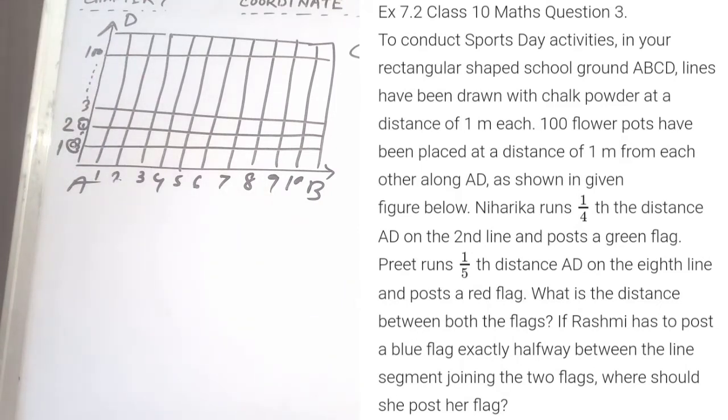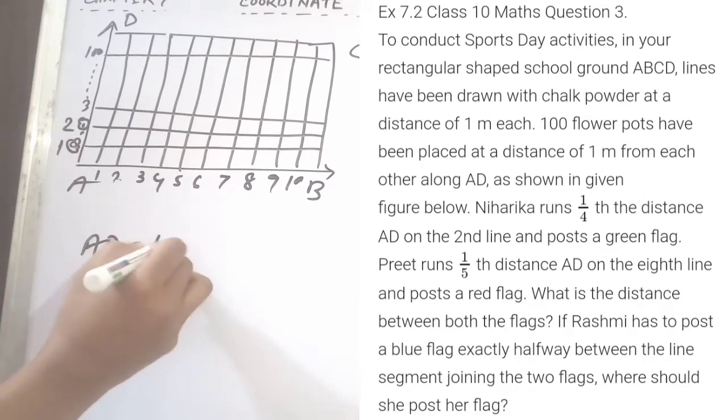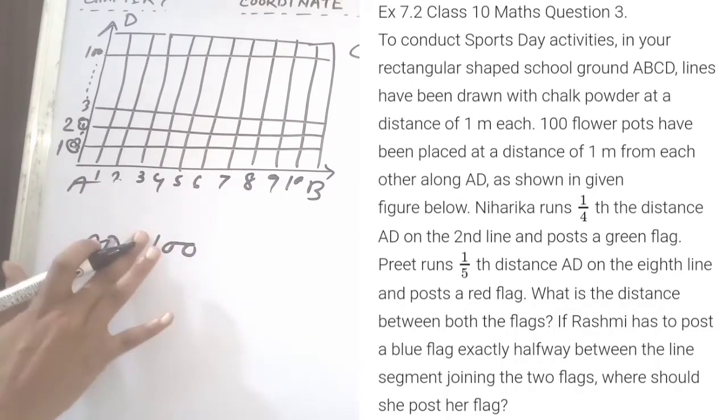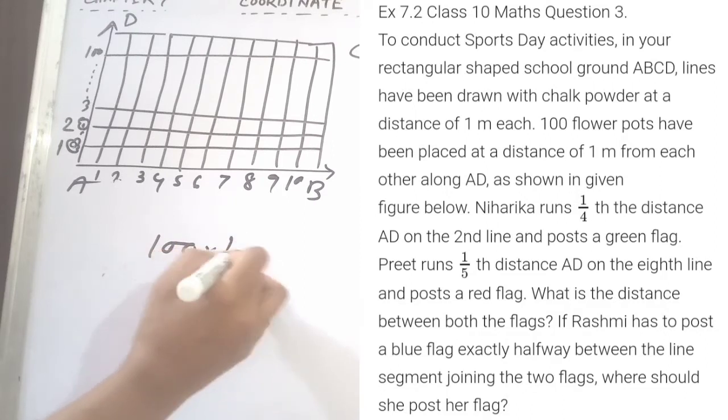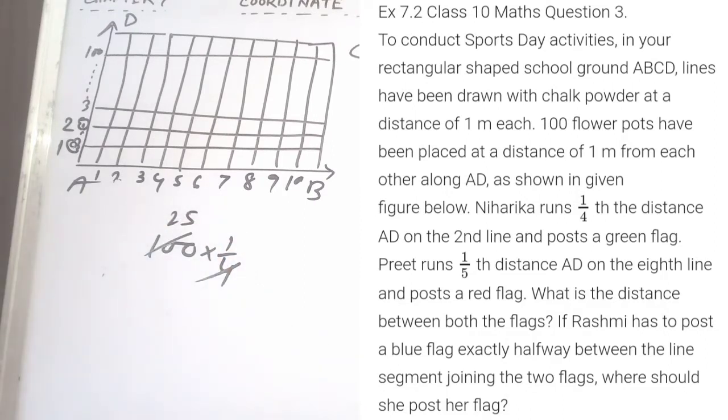Niharika runs 1 by 4th of the distance AD on the second line. So total distance AD is equal to 100 and 1 by 4th, that means 100 into 1 by 4, that means 25 on the second line.